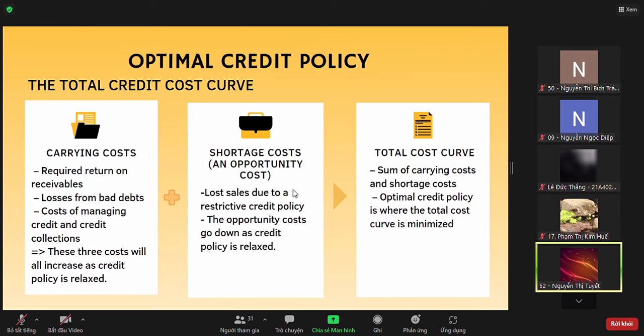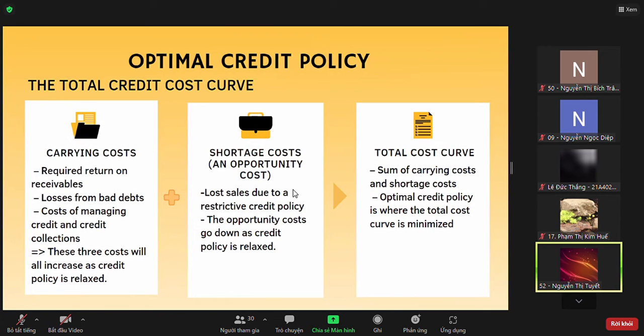In this case, the firm will have lost sales, so there will be an opportunity cost, and the opportunity cost goes down as credit policy is relaxed. And thirdly, the total cost curve is the sum of credit cost and shortage cost. The optimal credit policy is where the total cost is minimized.